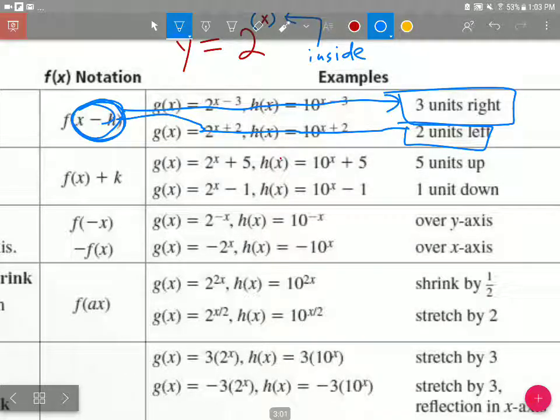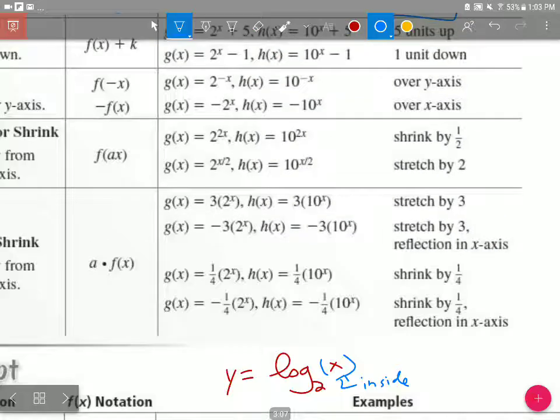I shifted 3 units right. If you multiplied, well, you got to know inside or outside. If I multiplied inside, did I multiply by 2? Or did I divide by 2? Or did I multiply by something or divide? And just follow the chart on over. It's the same thing y'all been doing.